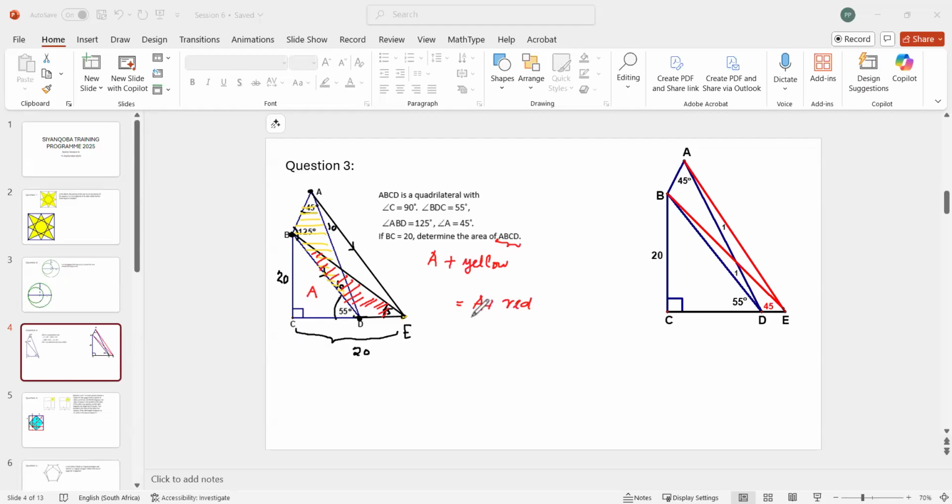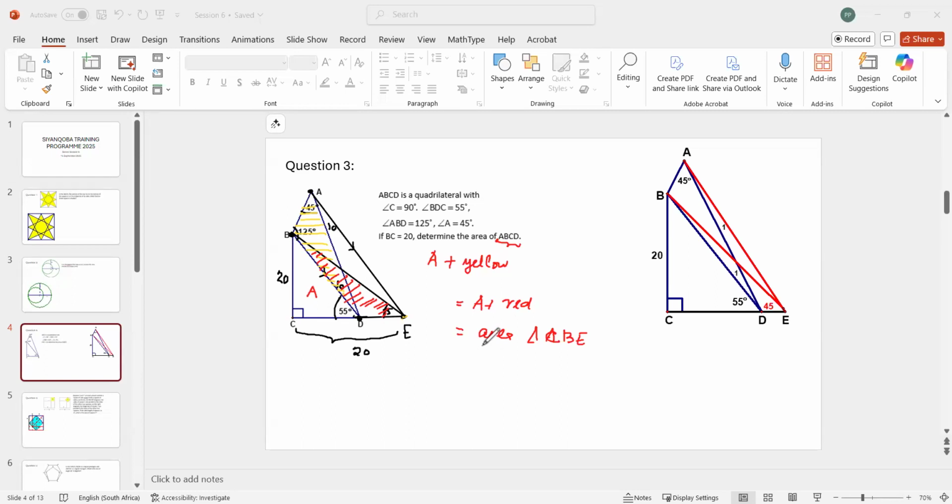But now A plus red is the area, when you add A to this red triangle, of triangle CBE. Sorry, at first I said ACE, then ABE, but it's CBE.